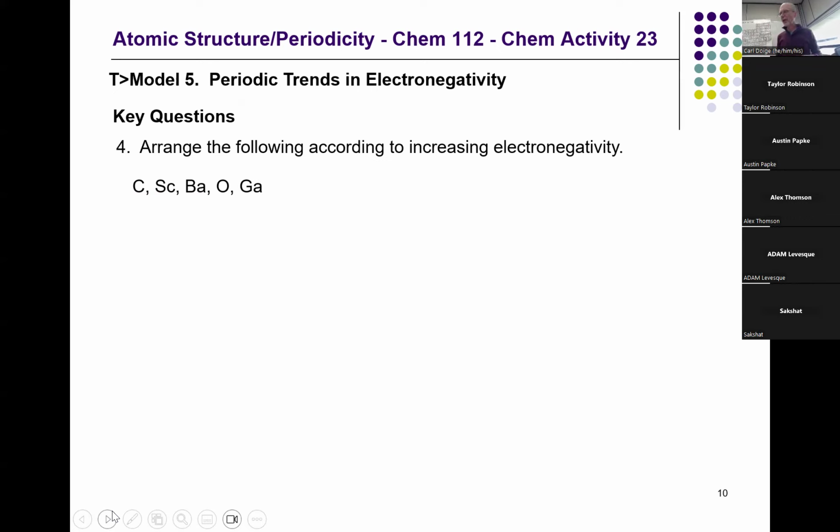I ask you to arrange these in increasing electronegativity. And if these elements look familiar, there's a reason. It's found on top of page 137.